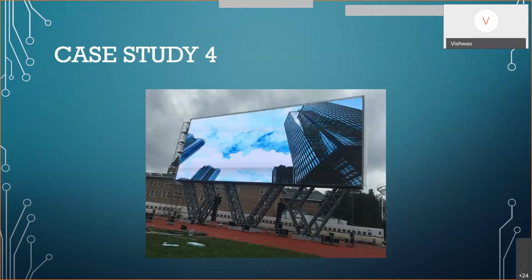QLED is basically based on LCD only. The technology is quantum dot LED, they say, but it is based on LCD. It's a patented technology by Samsung, I believe. You can read up on that for more information. But it is not as efficient as OLED, because in OLED the individual pixels are lit, and you save a lot of energy in the areas where there is black.